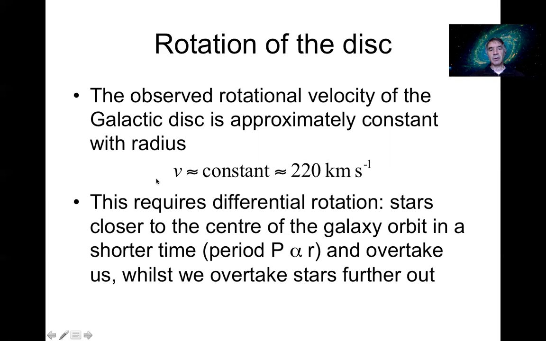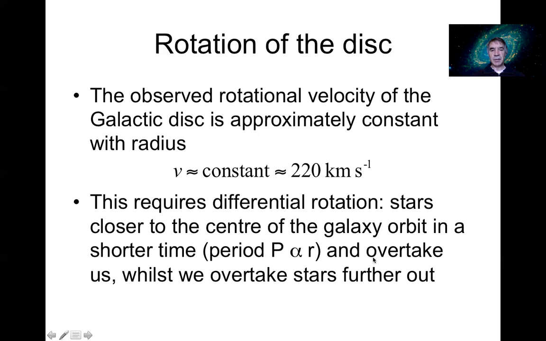So obviously v is just 2 pi r over P, and so if v is constant, then P is proportional to r. Here r is the radius from the center of the galaxy.